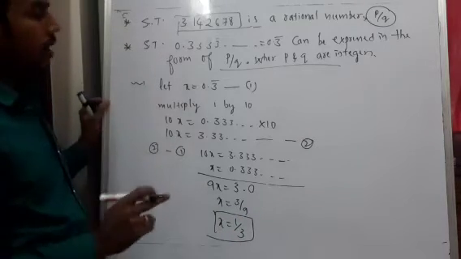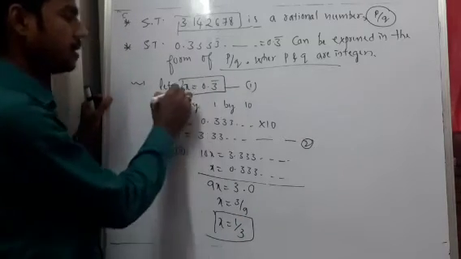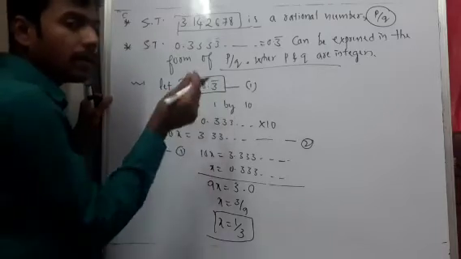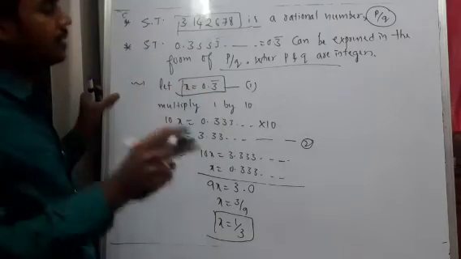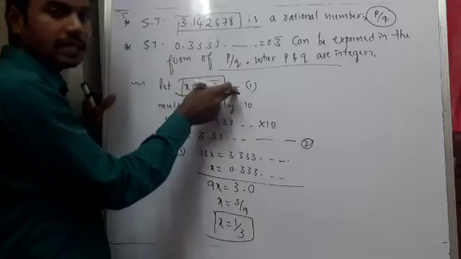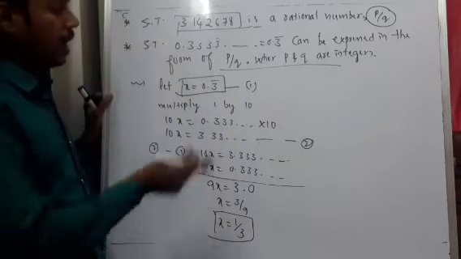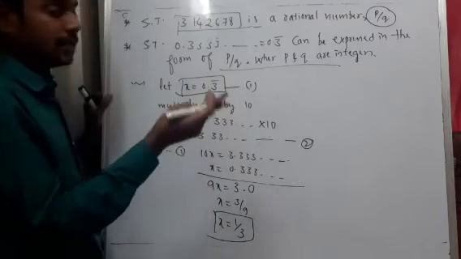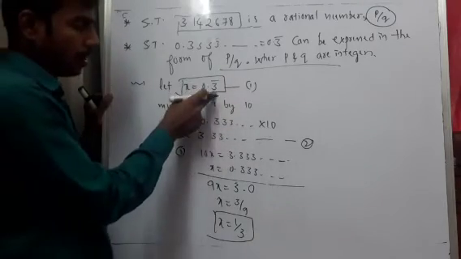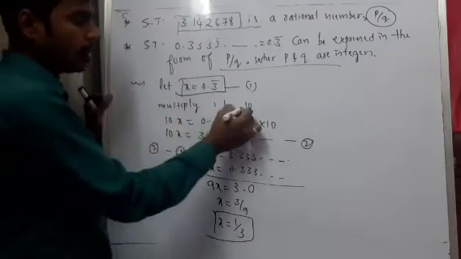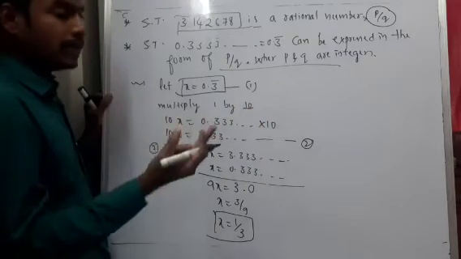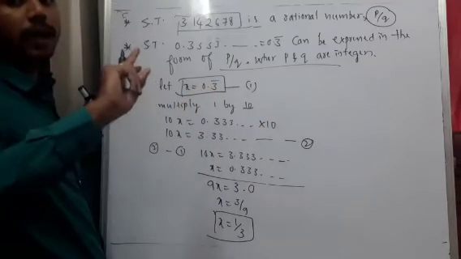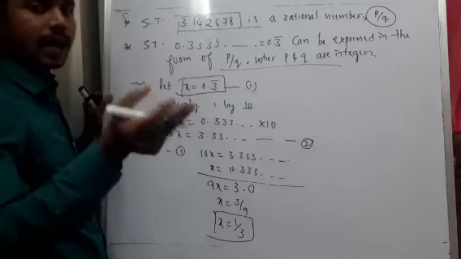So what we did: in the first step we assumed this as x. Then, based on the number of digits that are repeating, if 2 digits are repeating you need to multiply with 100. On how many digits is the bar? On one digit the bar is there, you multiply with 10. On 2 digits, you multiply with 100. If 3 digits, 1000.